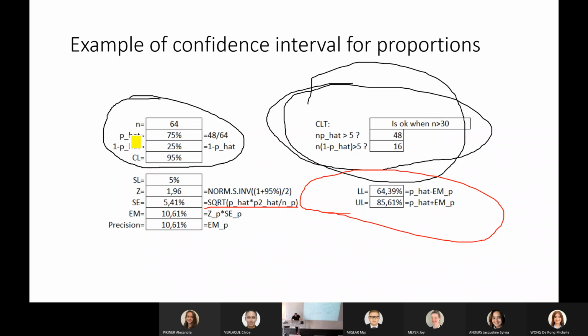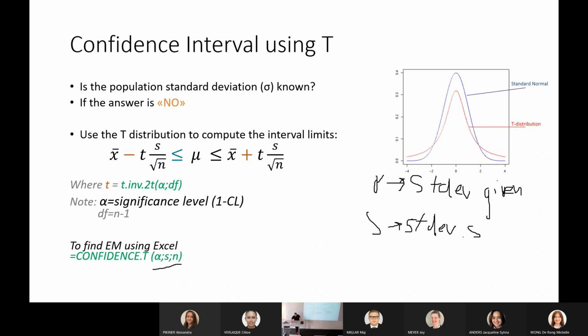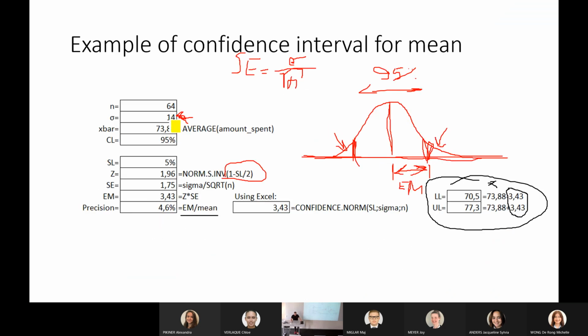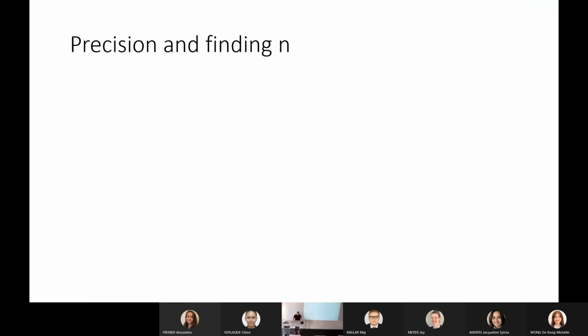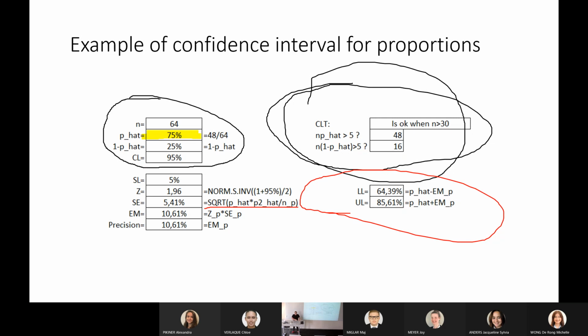Do you remember before we used to take x bar as a middle point? But now we don't have an x bar, because we have a qualitative variable, sorry, a categorical variable. So as our base, we will take the p hat.